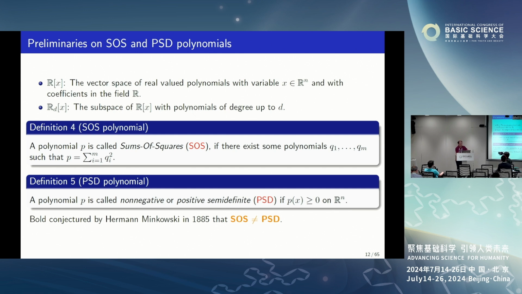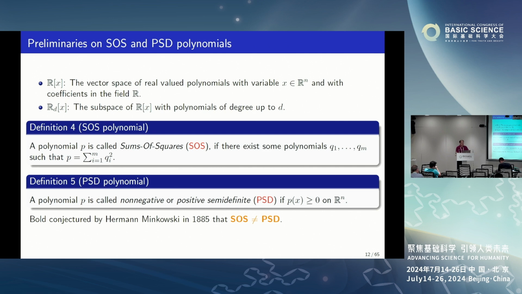A very closely related definition is the PSD polynomial, non-negative polynomial or positive semi-definite polynomial, meaning that the polynomial is non-negative over the whole space R^n.